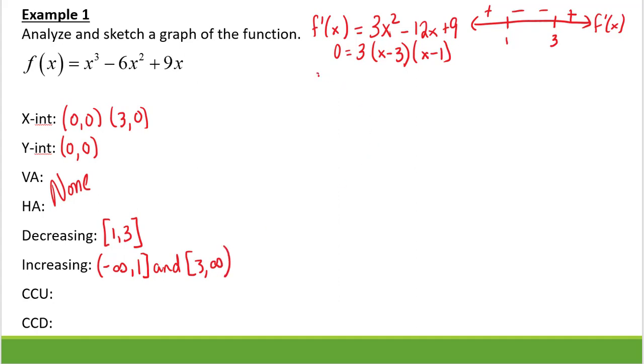Now we find the second derivative. And I get 6x minus 12. Set that equal to 0. And we get x equals 2. So I'm going to do my number line right below this.